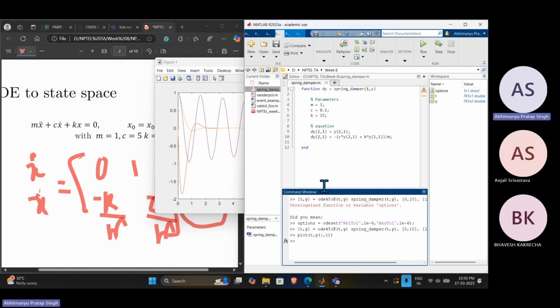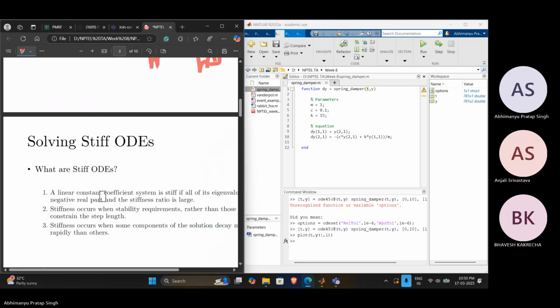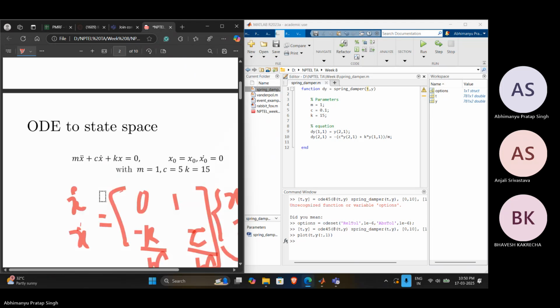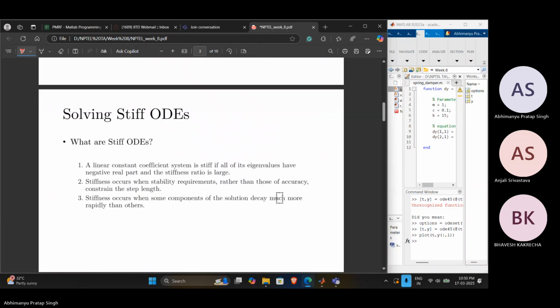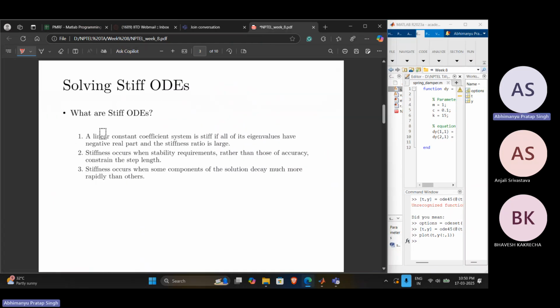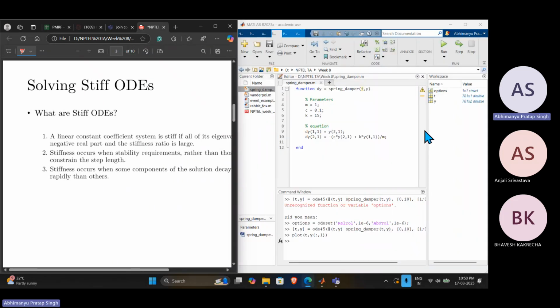And then I will move to the next slide. So we saw over here that as we decrease this C value, the time steps taken by the solver changed.